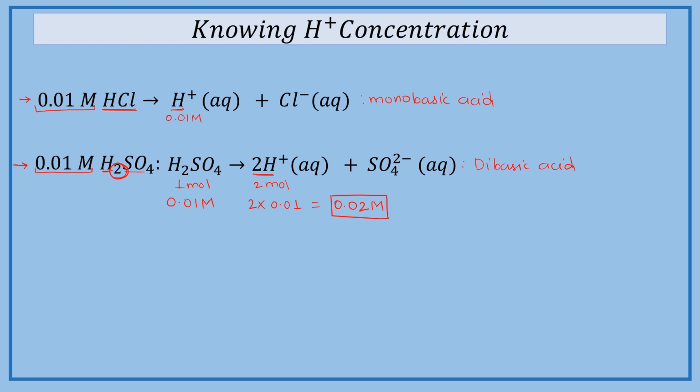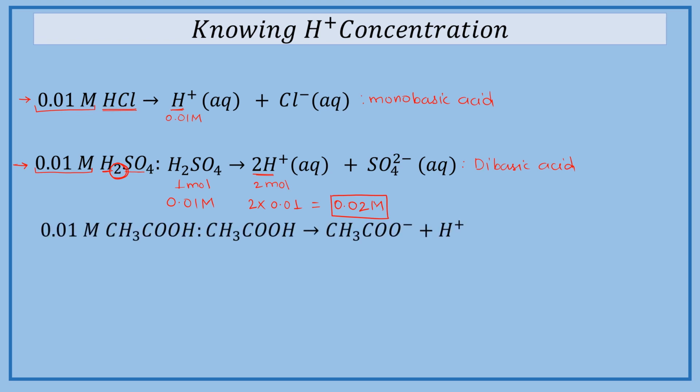Now let us see another variation, another possibility of pH calculation. Again, we have kept the concentration here as 0.01 molar, but this time we are taking a weak acid. We have ensured that both HCl and this particular acetic acid are monobasic in order to keep our comparison ideal.